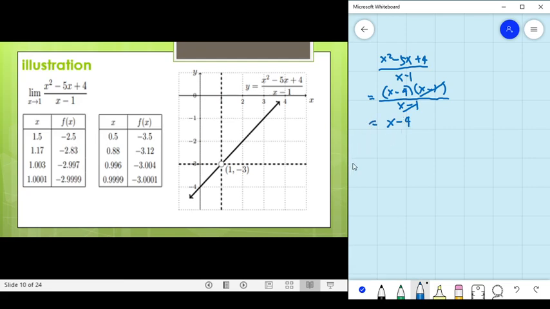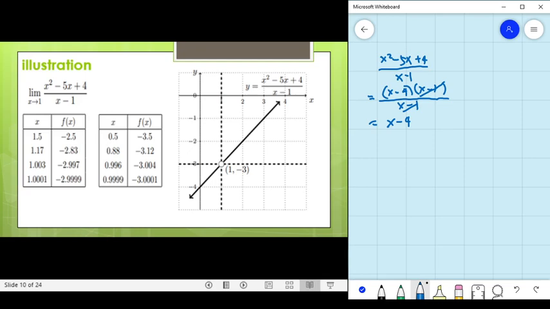So if we substitute when x is 0, notice that y is negative 4. When x is 2, which is from the right of 1, 2 minus 4 is negative 2. So that is why we have here negative 2.